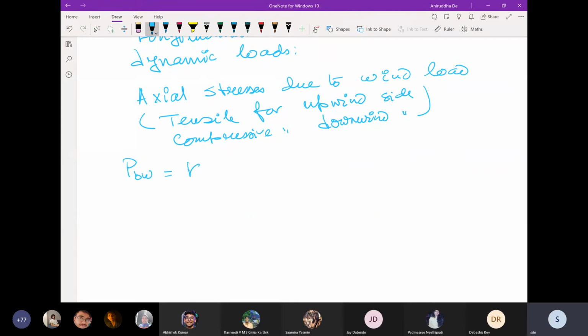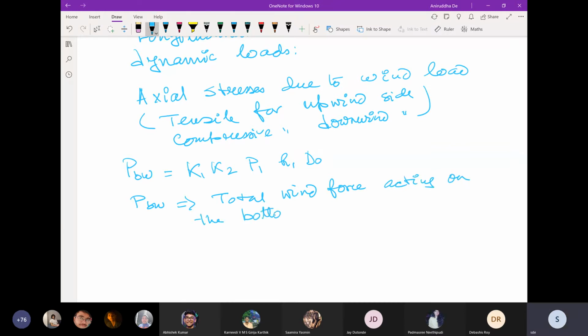So Pbw is equal to k1, k2, p1, h1, d naught. So Pbw is the total wind force acting on the bottom part with height less than 20 meter. Okay.